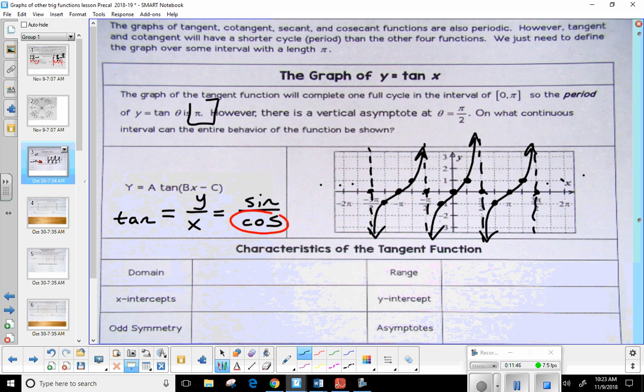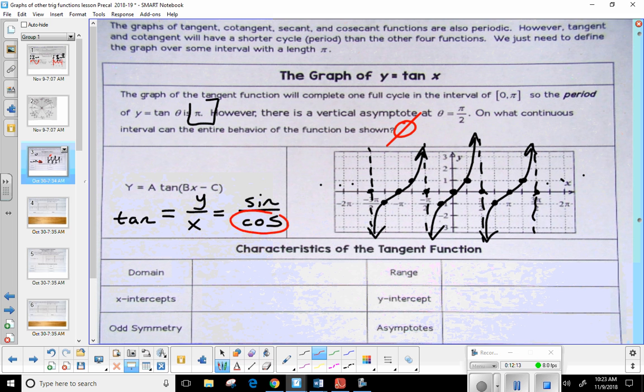Now, you remember how sine and cosine have those critical values? Like, for example, sine is the 0, maximum, 0, minimum, 0. Well, all these other graphs are going to follow the same pattern. Tangent has its own critical values as well. But we're just looking at one period. So I'm going to start with an asymptote. We're going to identify that as just a no solution symbol.